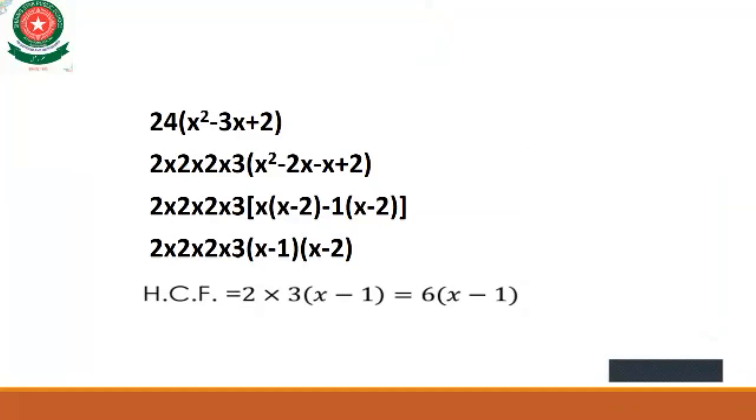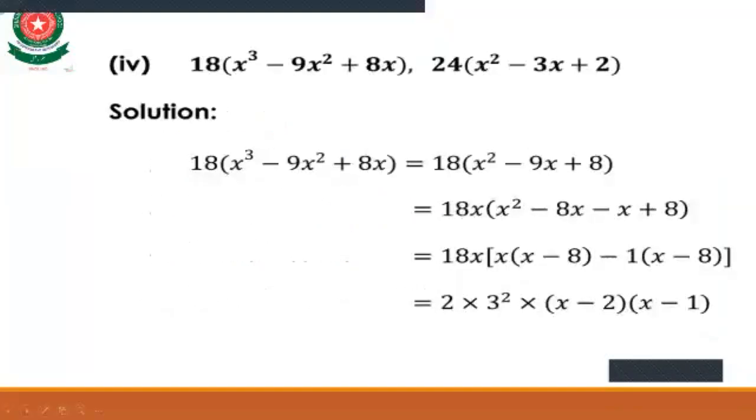Okay, you can compare the first and second. Here you can see that 2 and 3 are also present. The least power of 2 is 2 power 1, and the least power of 3 is 3 power 1.